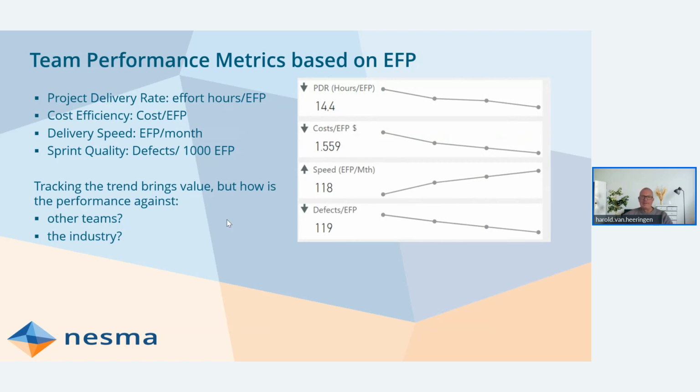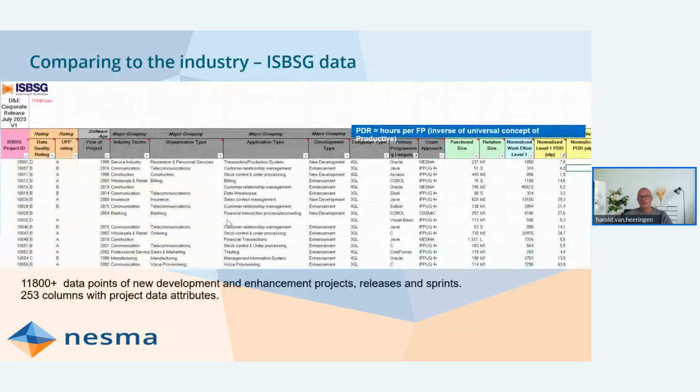So that's why it's better to compare first to the industry. And as these are function points, you can do that. So you can select, for instance, here the ISBSG dataset. There's a lot of data in there. It's over 11,000 data points now of projects, releases, and sprints. And there are 253 columns with attributes of these projects, releases, and sprints.